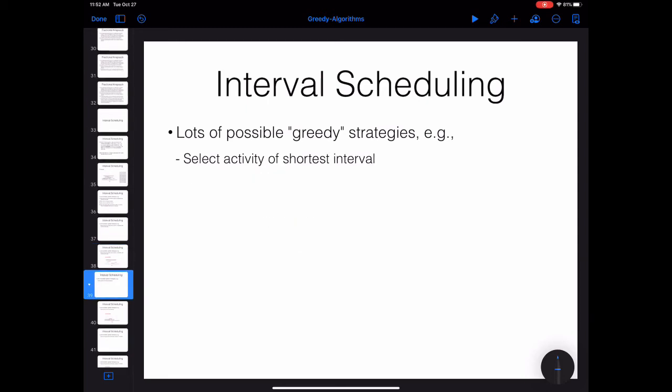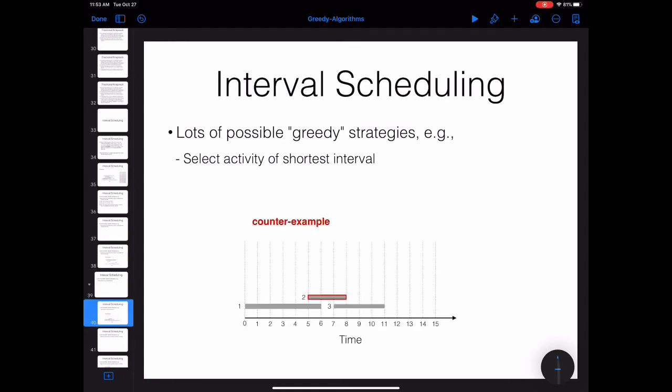The next strategy that I'm going to check is the one telling me to always take the activity with the shortest interval. The intuition here is that when you choose the shortest interval, you are allowing more time for choosing the rest of the objects, right? But for this one also I can find a counterexample. Look at this.